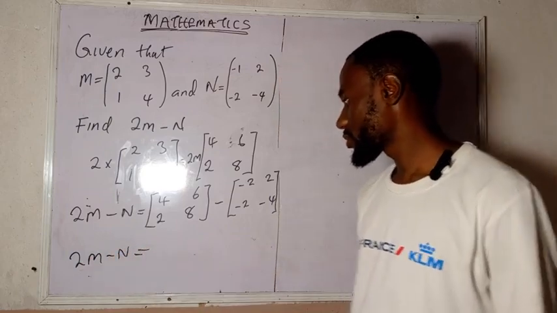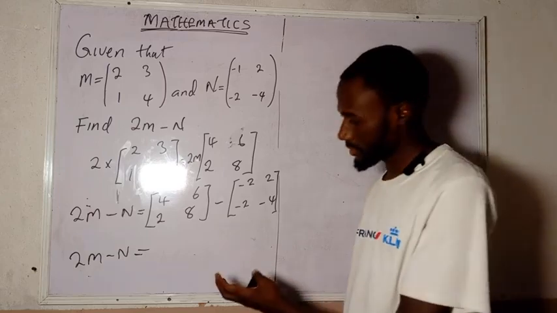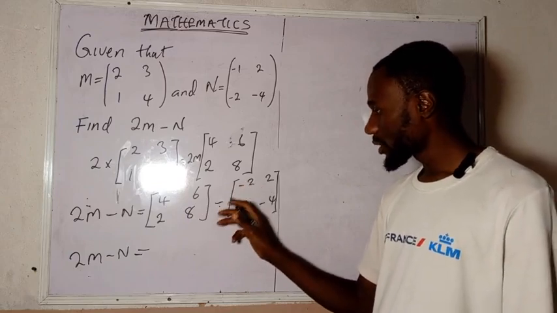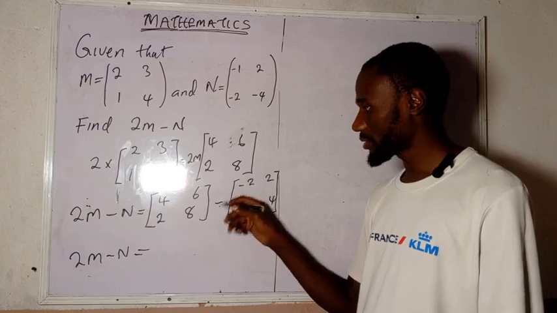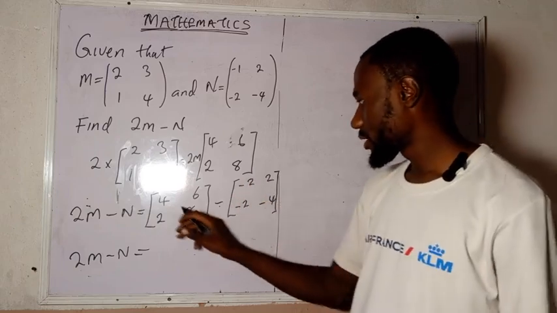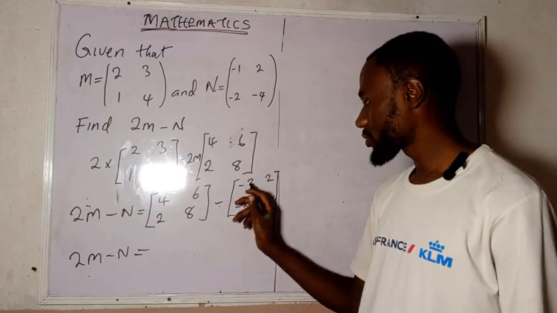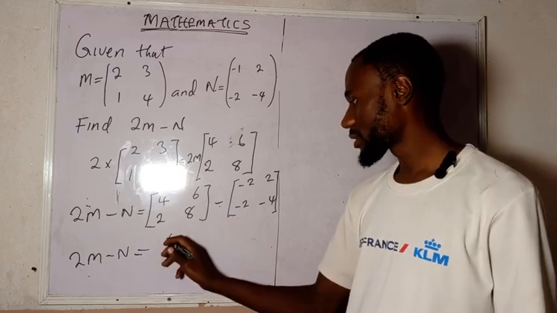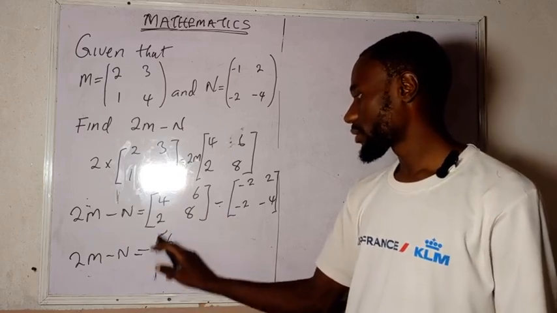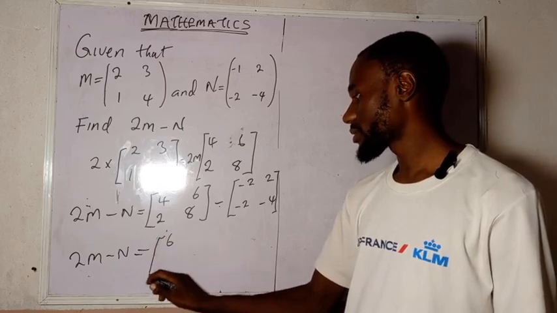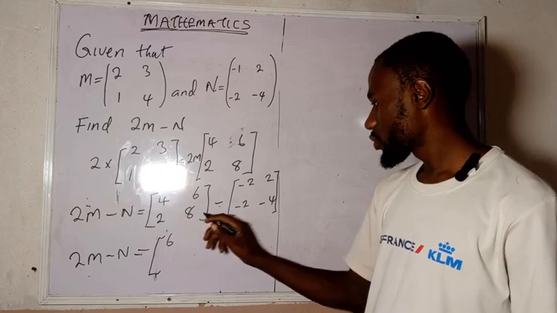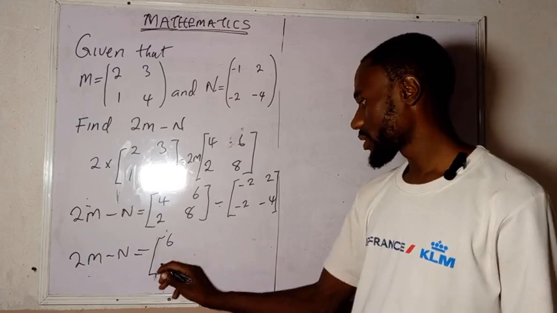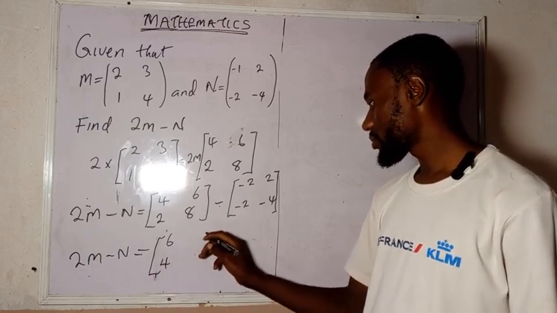Then 2M minus N is equal to, we subtract the two matrices, giving 4 minus 2. When two minus signs come together, we multiply the minus signs to obtain plus. That is, minus times minus is plus 2, so 2 plus 2 is 4.